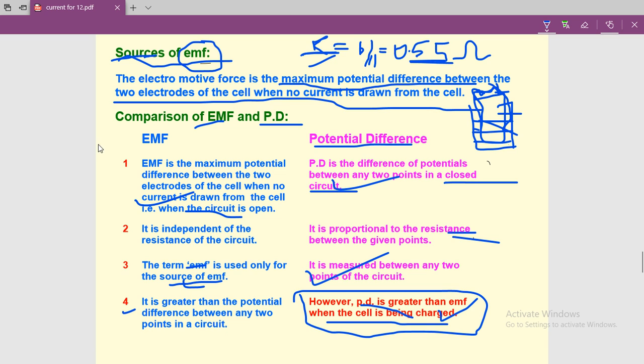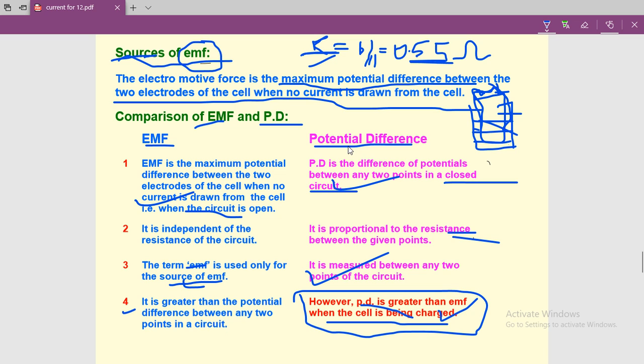So take your pen and note down all these differences between EMF and potential difference. Student, if you have other differences, please note them and try to find out the relation between EMF and potential difference. That will be our next topic.